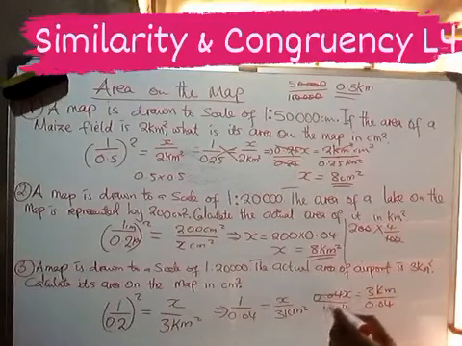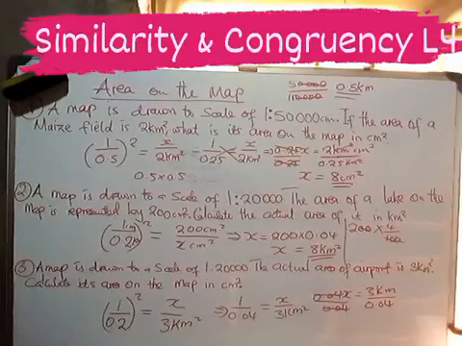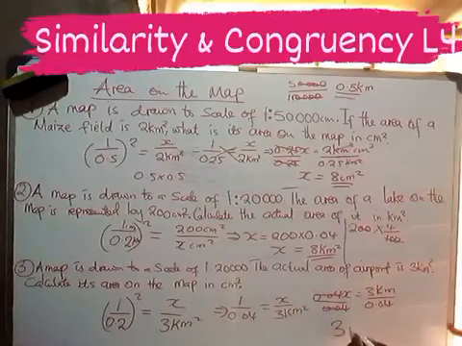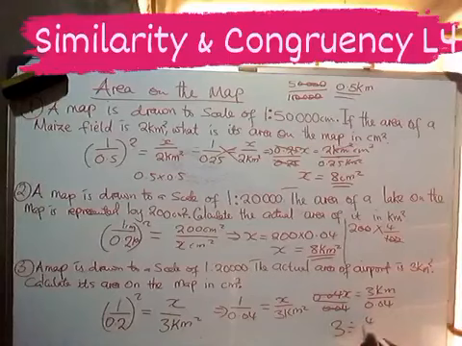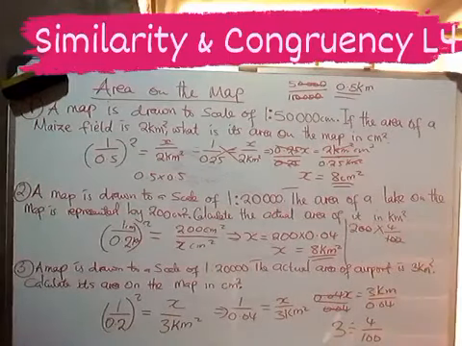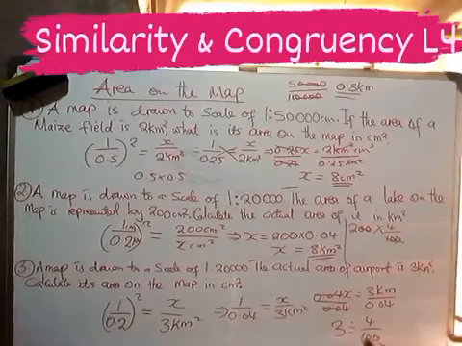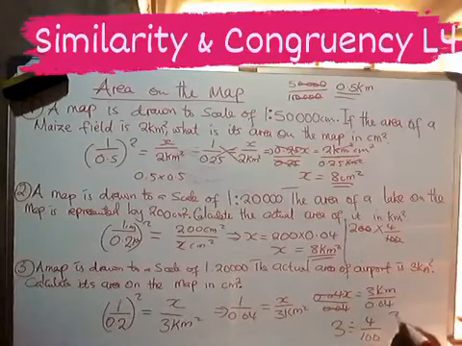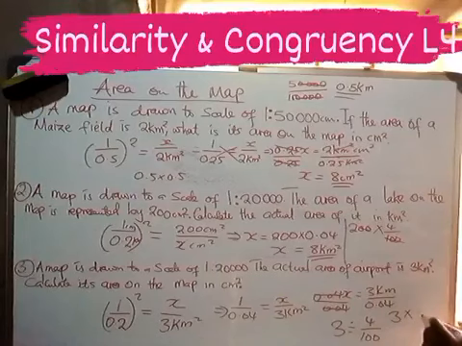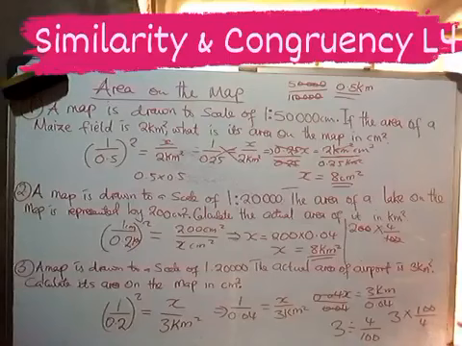What is 3 divided by 0.04? This is the same as 3 divided by 4 over 100, because 0.04 is this, which will be 3 multiplied by 100 over 4.